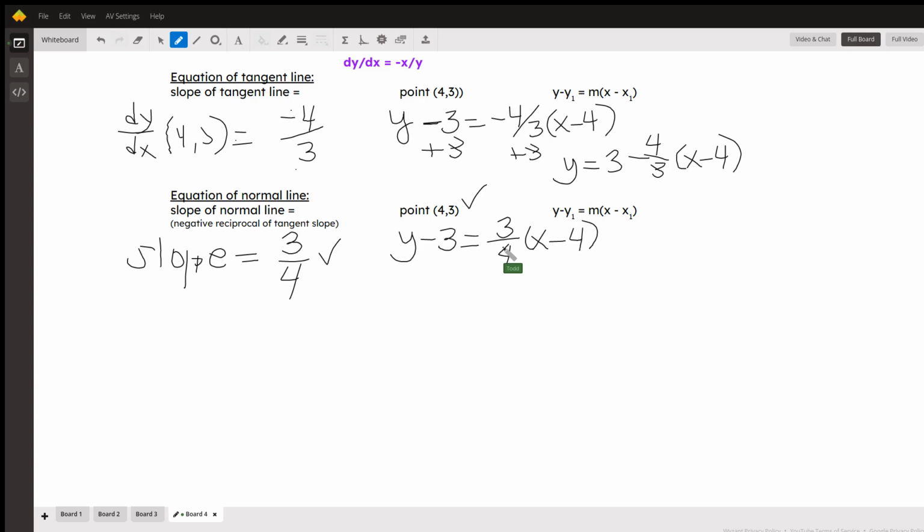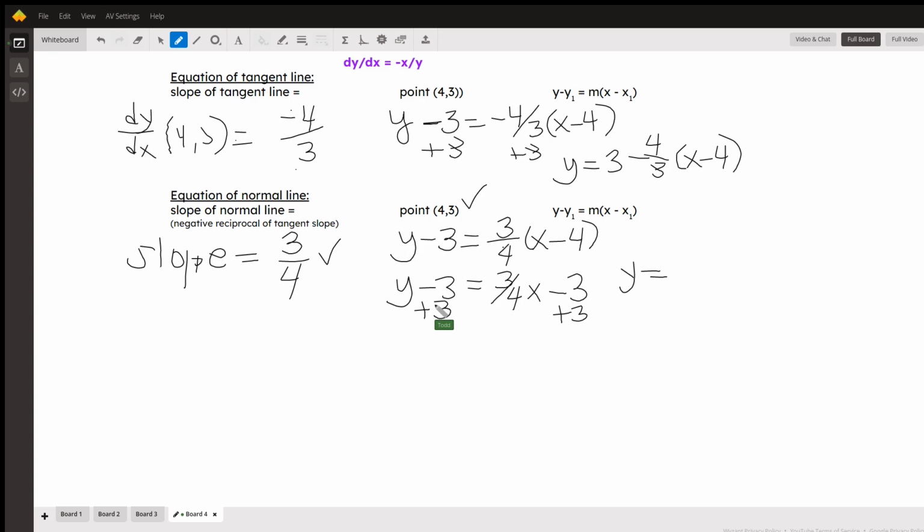This simplifies a little bit better than the other one, because if I distribute on the right, I get 3/4 x. 3/4 times negative 4 would be minus 3. And then to choose the correct answer anyway, you could add 3 to both sides to solve for y.